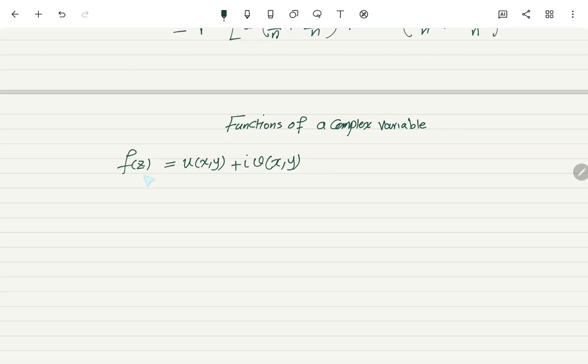Therefore, the real part of this complex function is u(x,y), and the imaginary part is v(x,y). So the real part of f of z equals u(x,y), and the imaginary part of f of z equals v(x,y).